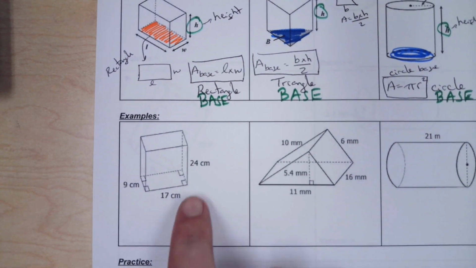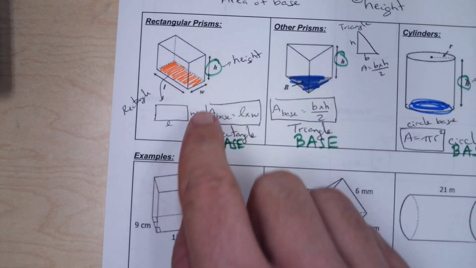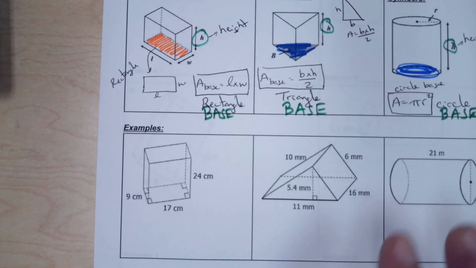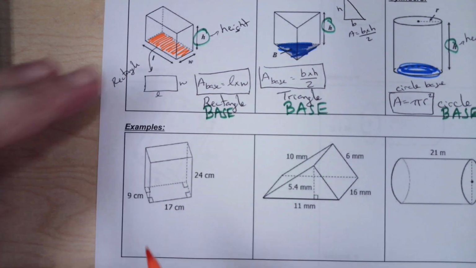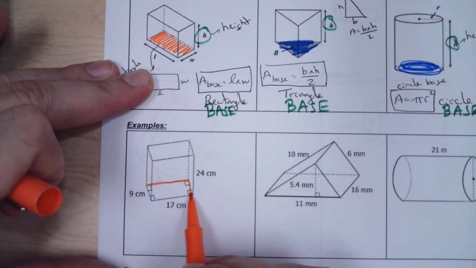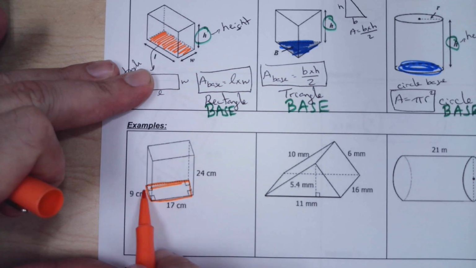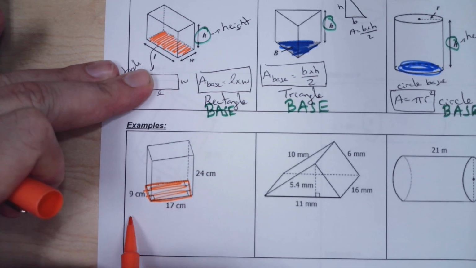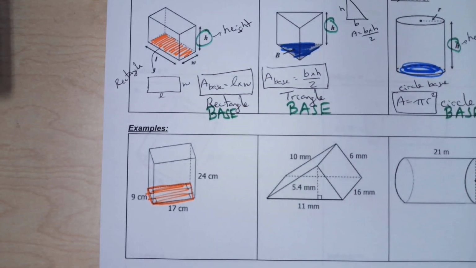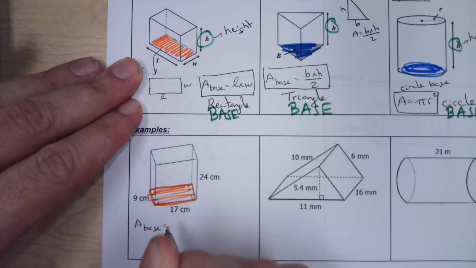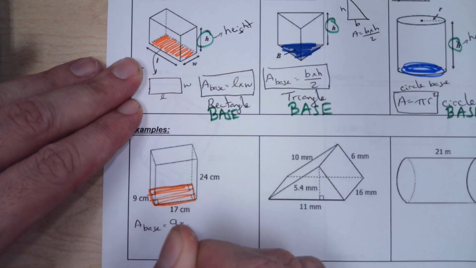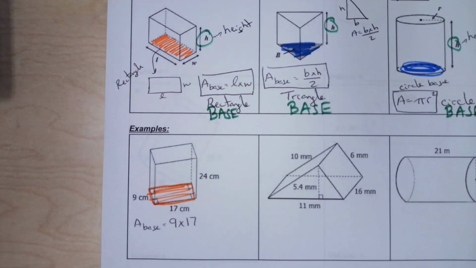So I have a rectangular prism, like this one, and I've got these numbers. First thing I'm going to do is find this base. So my base is here. So the area of my base will be 9 times 17.